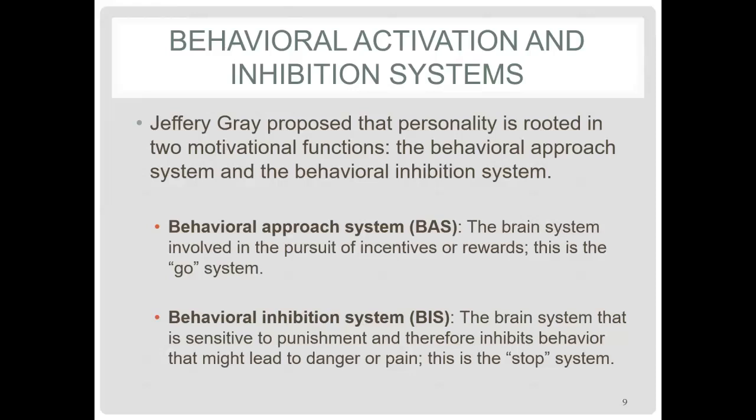The behavioral inhibition system is the STOP system. This system is sensitive to punishment, and so it inhibits behavior. It stops you from engaging in behaviors. And this is actually what I did with my master's thesis, looking at the behavioral activation system and behavioral inhibition system.